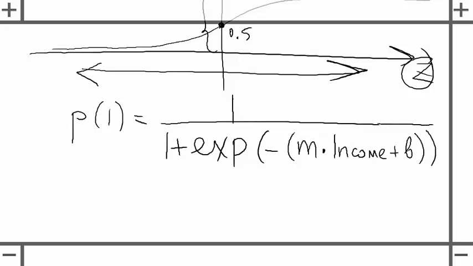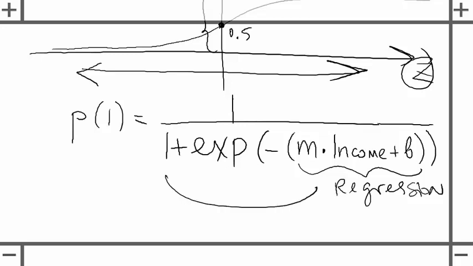This portion looks like the regression we just finished a week ago or so. But then I feed this regression into the logistic function, and it becomes logistic regression. And the answer, the probability of 1, is going to be between 0 and 1 at the end. So that's basically how logistic regression works.